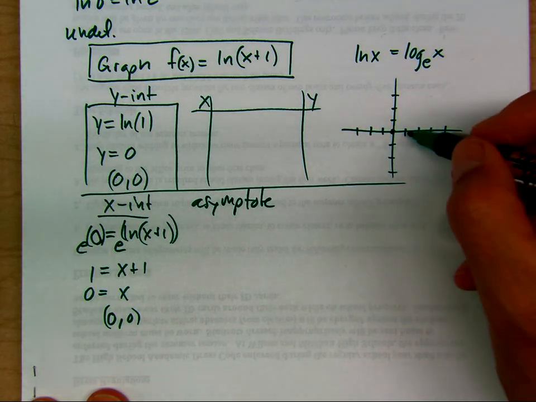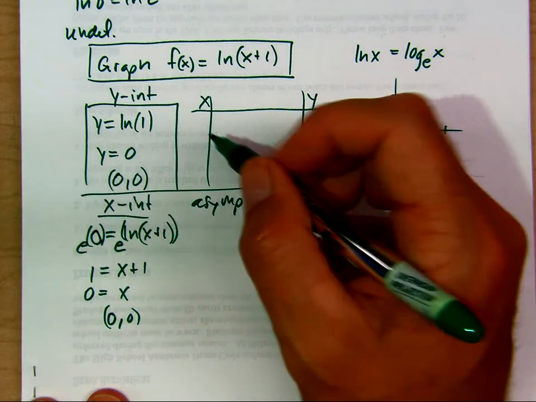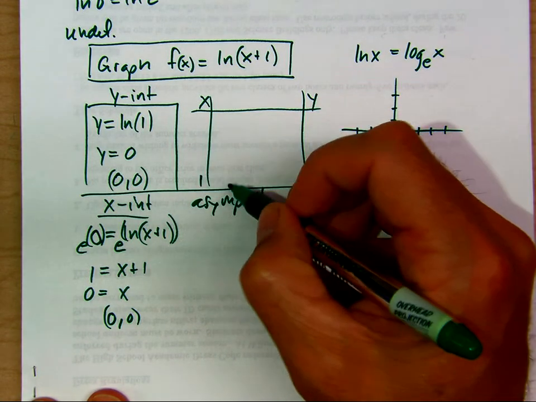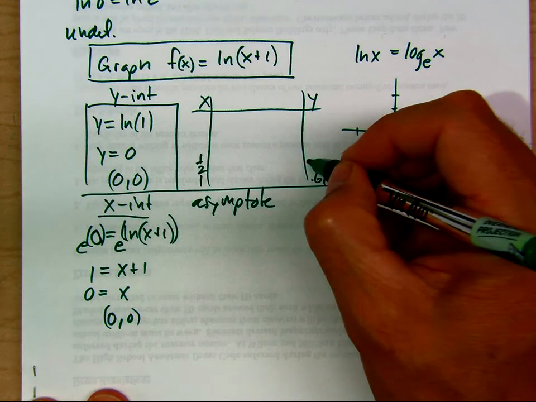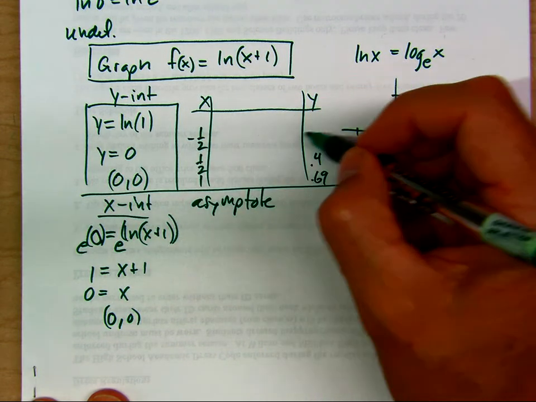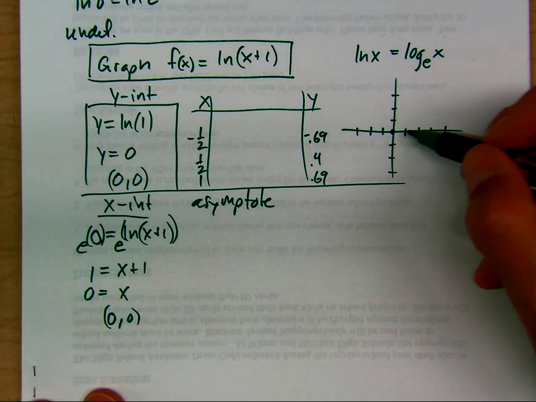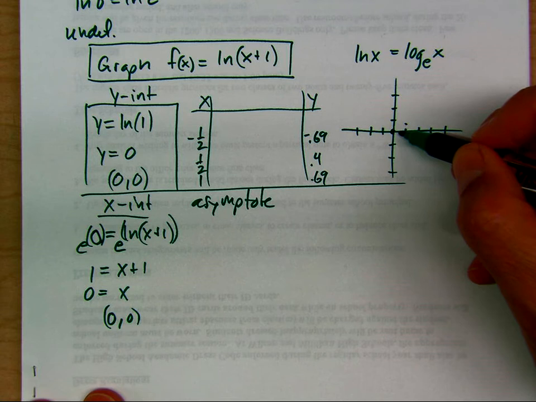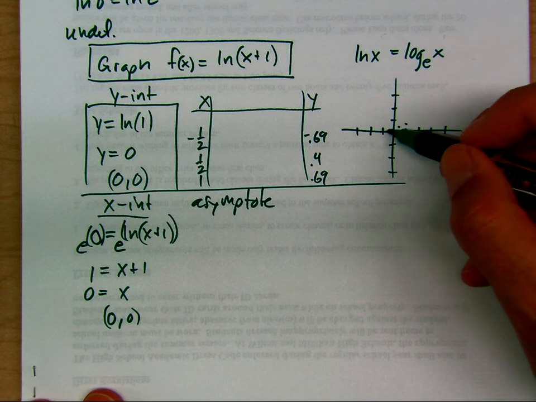And let's see what happens at 1. At 1, we get 0.69. At 1/2 is 0.4. At negative 1/2, negative 0.69.